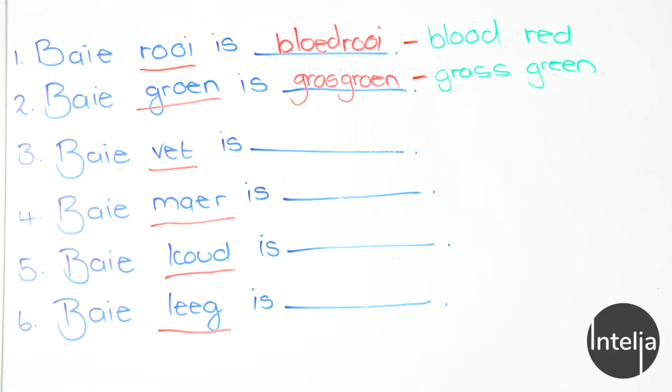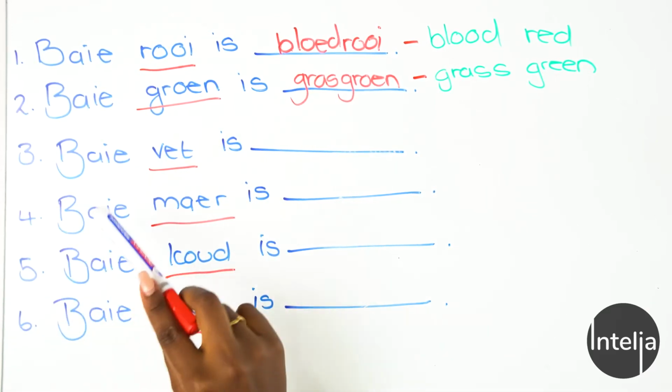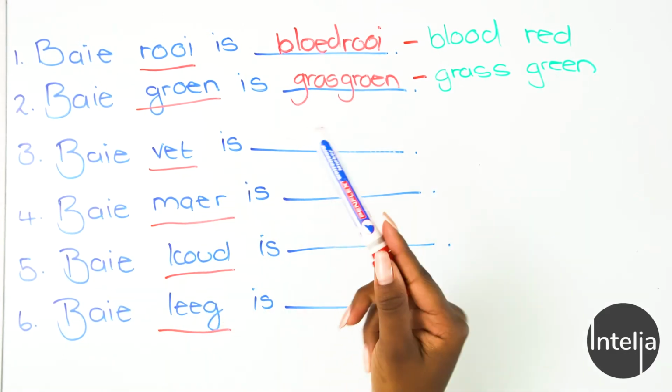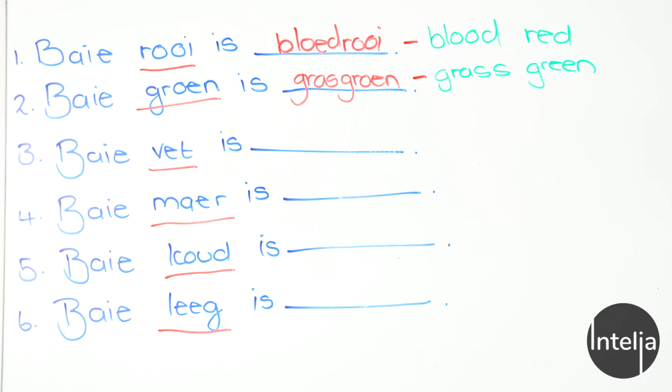Now we're on to number 3. Number 3 is baie vet. Baie vet is very fat. What would you associate with obesity or something being really fat?